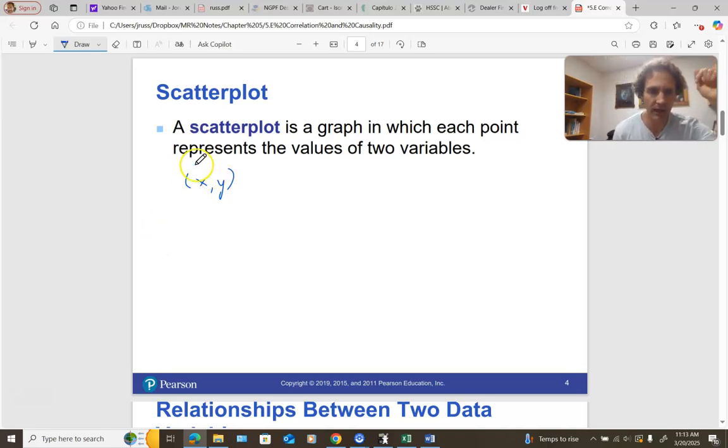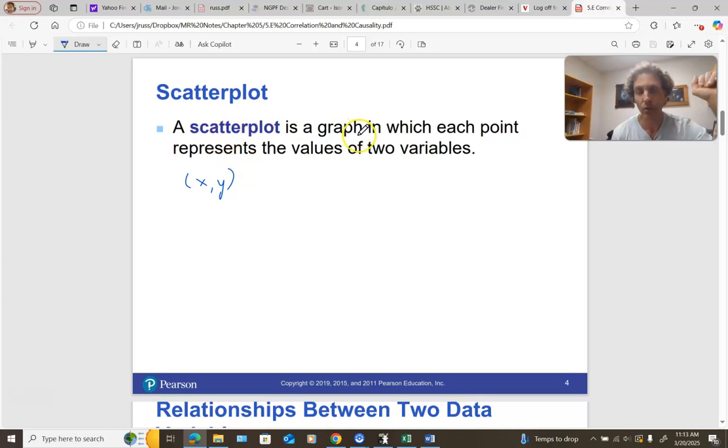You'd have a value for x, and you would have a value for y, and you would find where on that Cartesian coordinate system that point would lie. You would put that point such that its value for x corresponds to the x-axis, and its value for y corresponds to its height with respect to the y-axis.